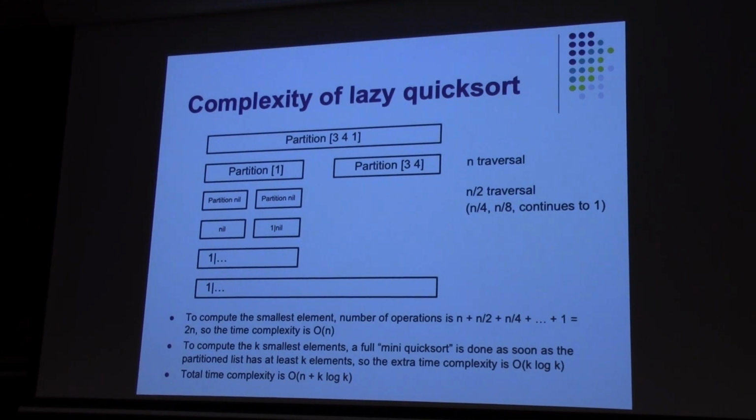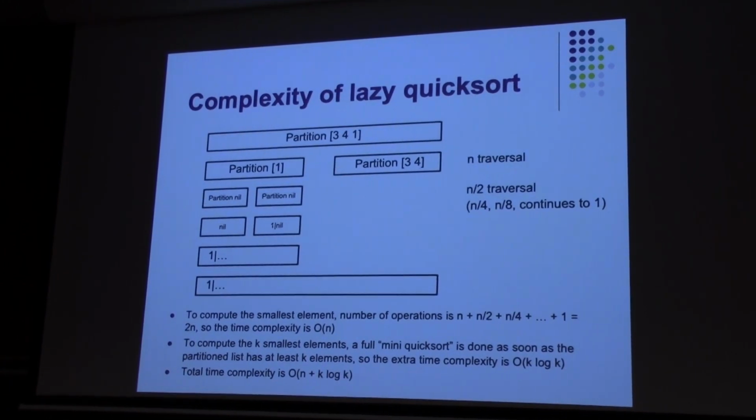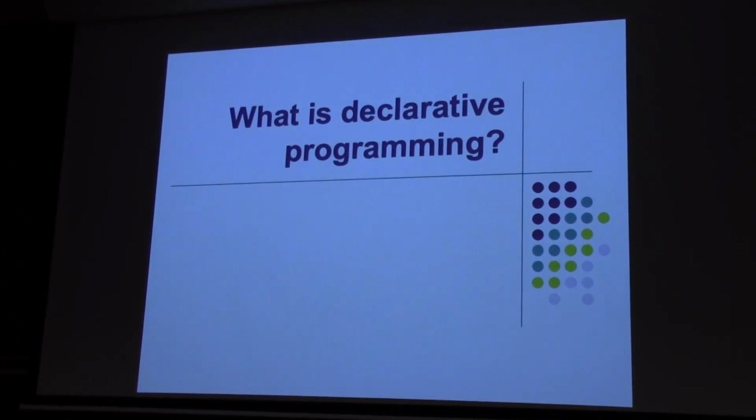Okay, so that's all I'm going to say about laziness. Let me now step back and talk a little bit more about declarative programming. This is a main theme of the course. In fact, programming is divided into two parts, declarative and non-declarative.